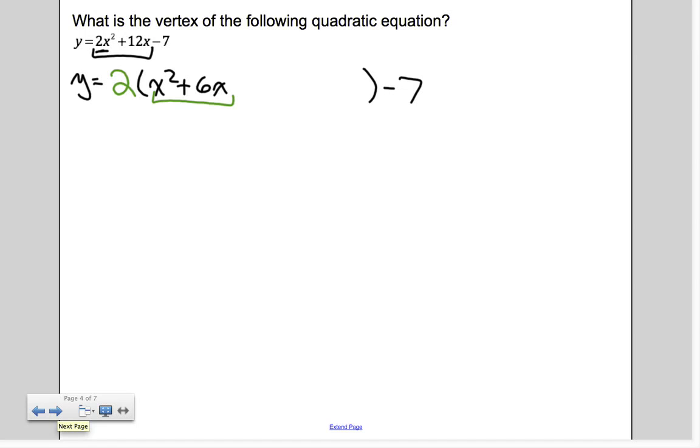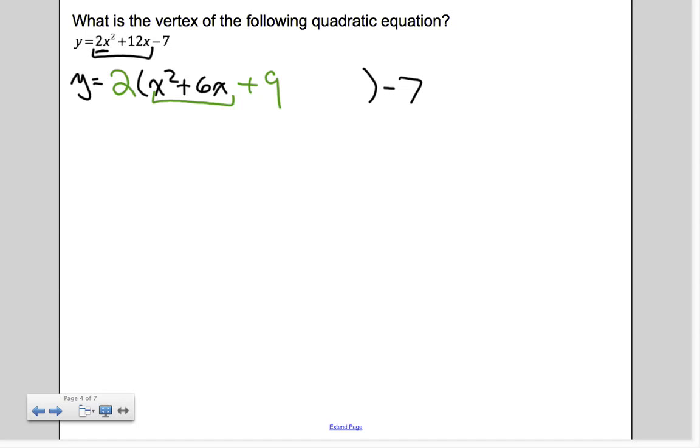So we take the form that Eric gave us before, the coefficient of x, which is 6, divided by 2, which is 3, and then we square it to get 9. But can we just add 9? Where would we put the minus 9? Inside the brackets or outside the brackets?